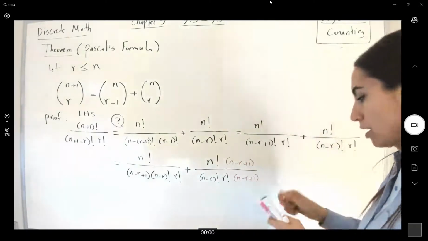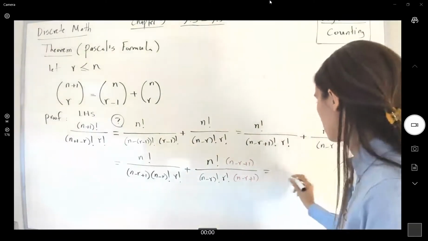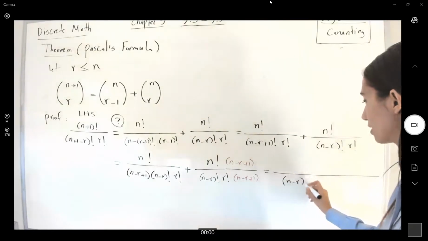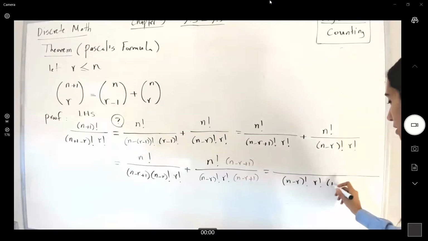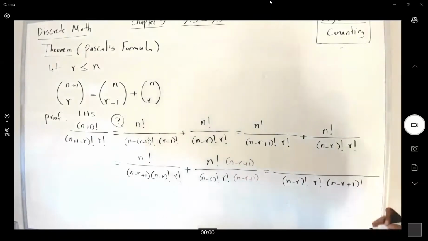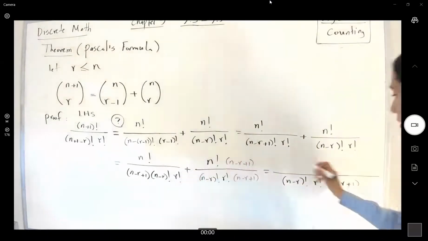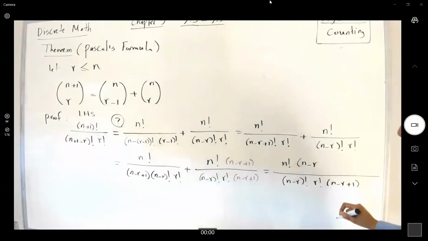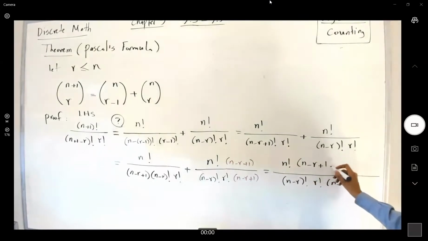Okay, perfect, almost there. So one denominator: (n minus r) factorial times (n minus r plus 1), no factorial here. And on the numerator, if I factor out n factorial, I get n minus r here, plus 1. Now we need to simplify the whole thing.